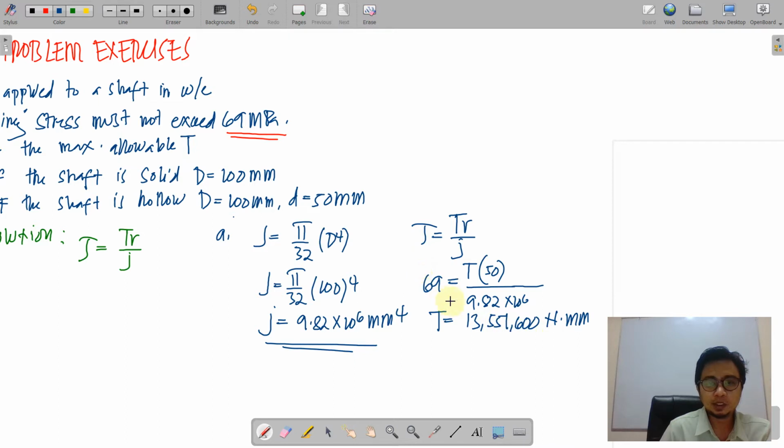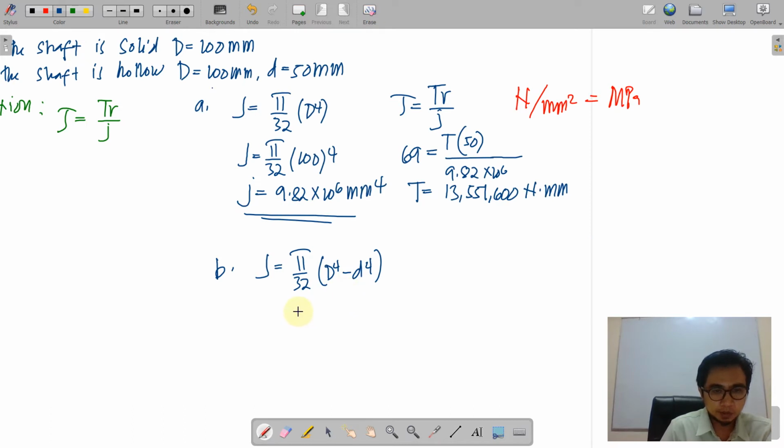Notice that in our formula, we use consistently the combination of the Newton and millimeter mode. So all of the forces will be in Newton, all of the dimensions will be in millimeter, and the stress should be in megapascal, so that we will have a consistent unit. So this is 13,551,600 Newton millimeter for letter A.